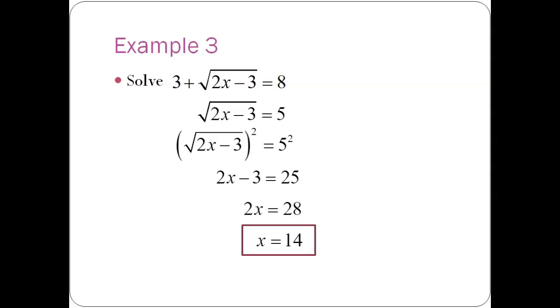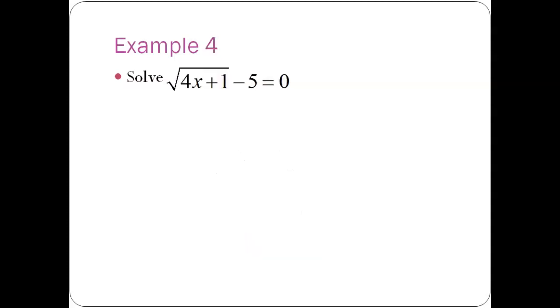All right, let's take a look at example 4. So similar to example 3, we need to get that square root by itself first before we can do anything else. So let's go ahead and add the 5 over to the other side. That leaves me with the square root of 4x plus 1 equals 5.